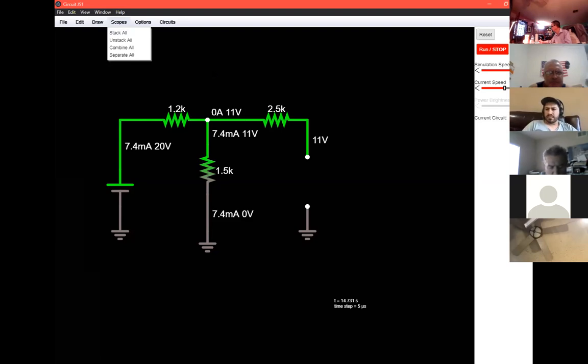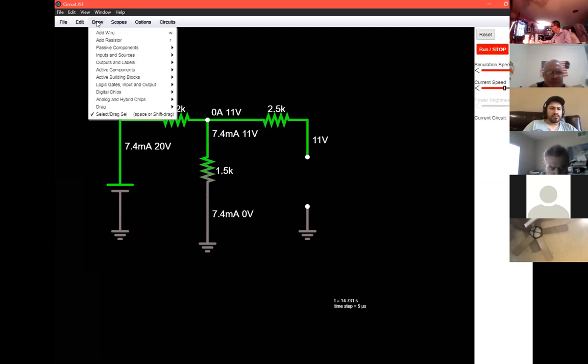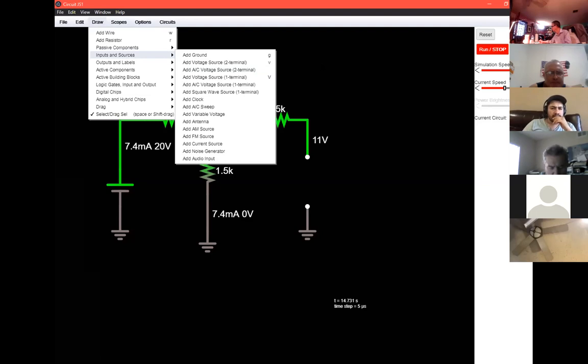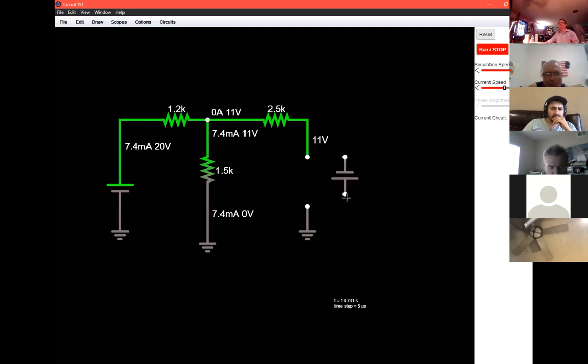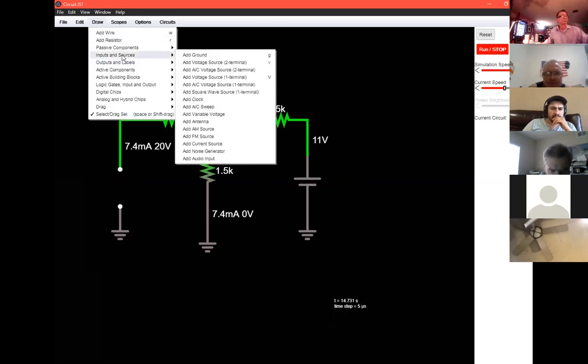All right, one quick last thing here. The last circuit we were using had a voltage source on this side, and then over here you had a current source.